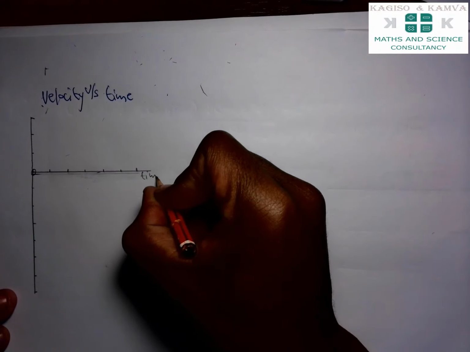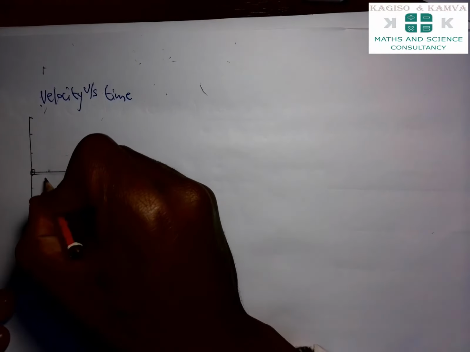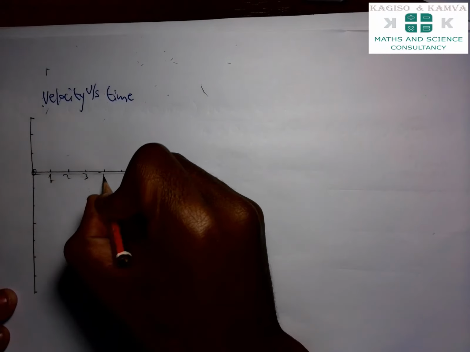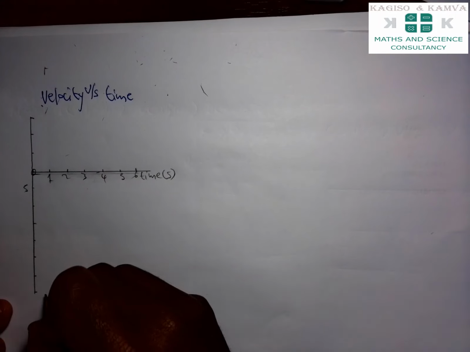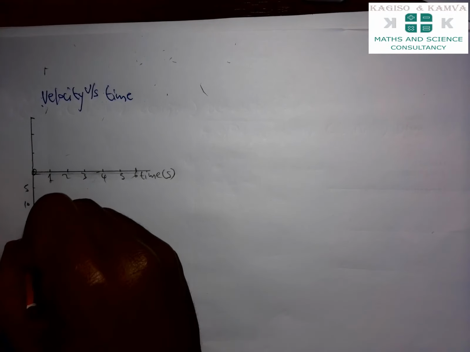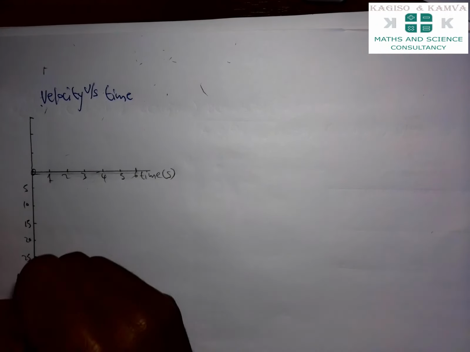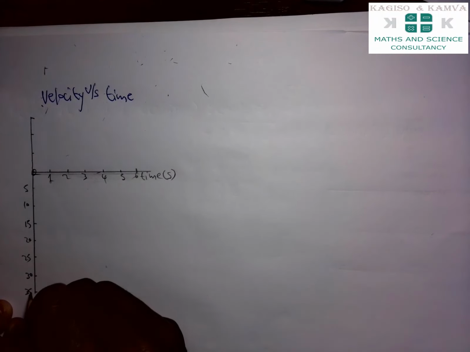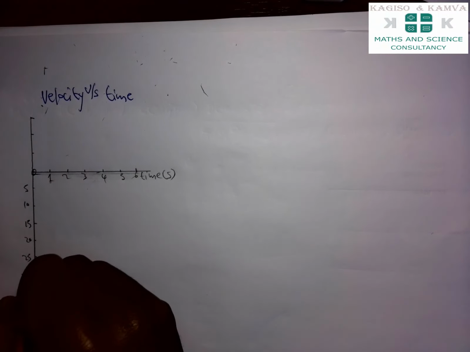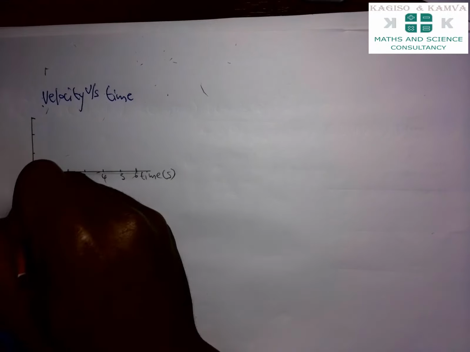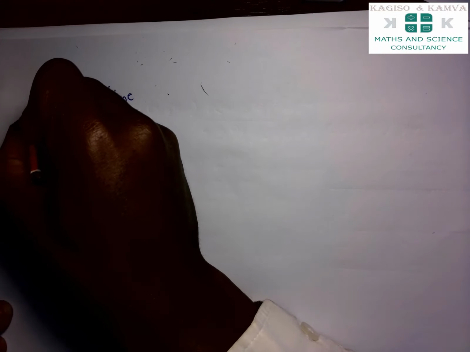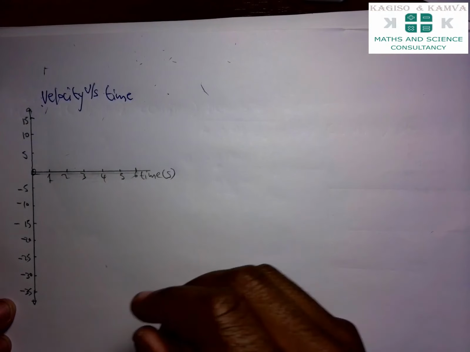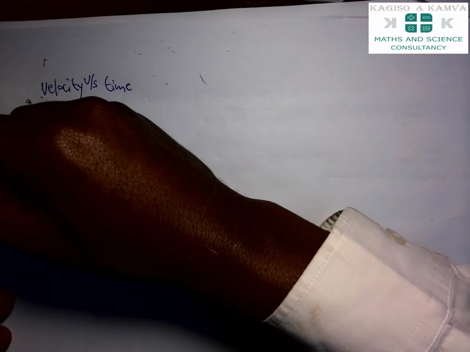We've got time in seconds, 1, 2, 3, 4, 5, 6, and then we're going to have 5, 10, 15, 20, 25, 30, 35. Okay, all these are negative, 5, 10, 15.